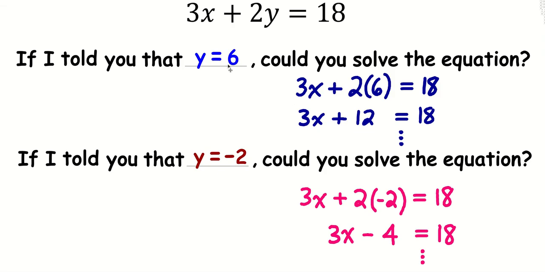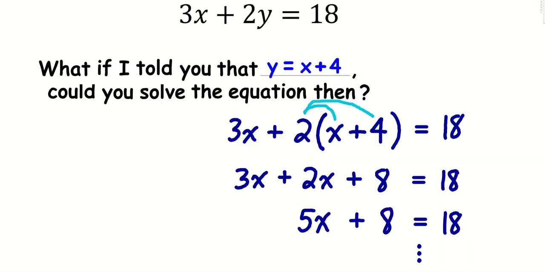But if you happen to be able to plug in a specific number for one of the variables, it becomes solvable for the other one. Even if what you're plugging in is not exactly final, even if you're just plugging in x plus 4 for your y variable, it does all of a sudden become solvable. And that does it for the warm-up activity.